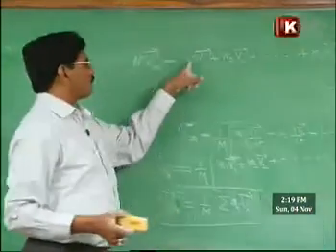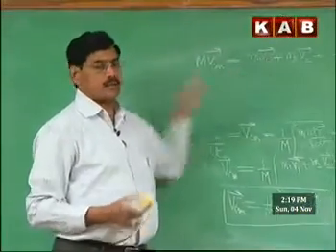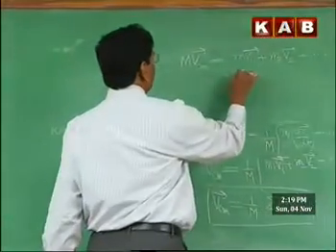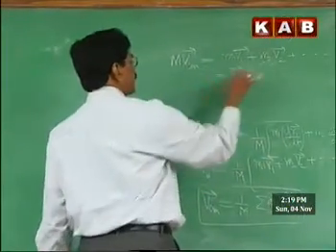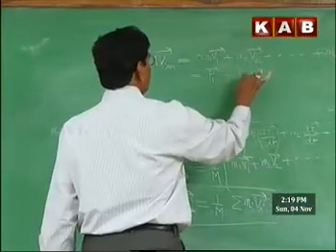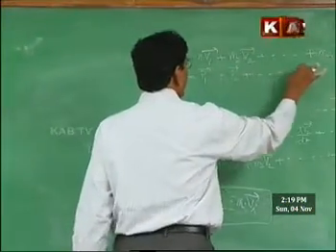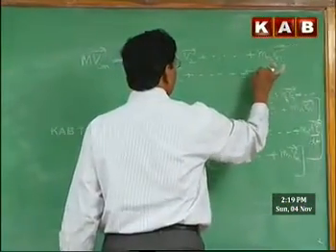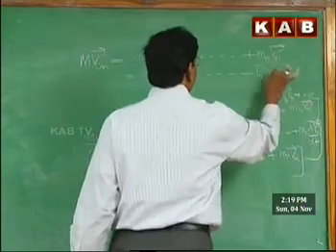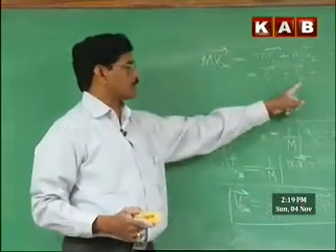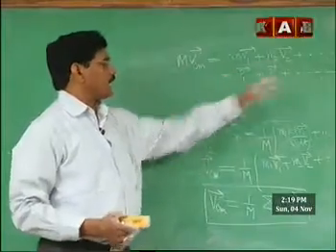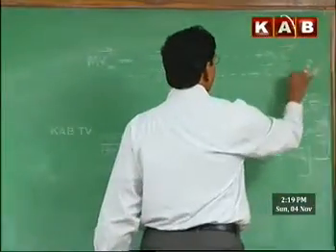In this, we know mass into velocity is called linear momentum. This is denoted by the letter P1. P1 is the linear momentum of the first particle. This is the linear momentum of the second particle, and so on, up to the linear momentum of the nth particle. It is the vector sum of linear momenta of individual particles of the system, making up the total linear momentum of the system.